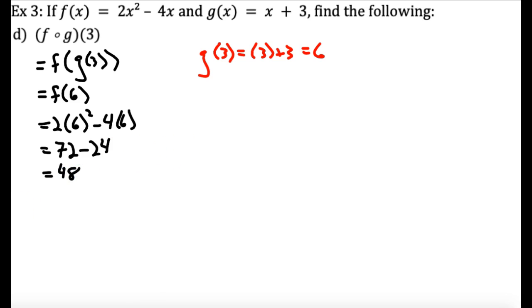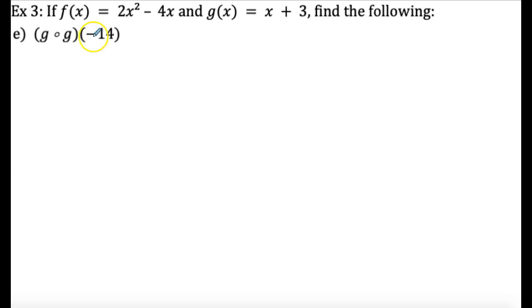All right, and one more. Okay, you guys try this one. g of g of negative 14. So I'm going to come off to the side and evaluate g of negative 14.